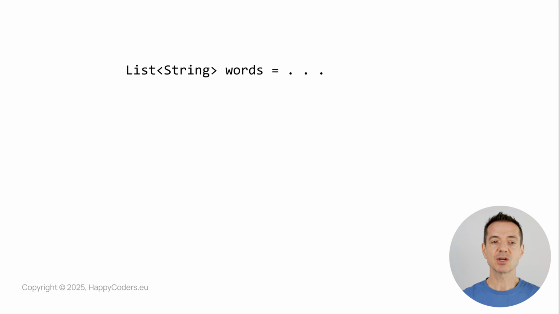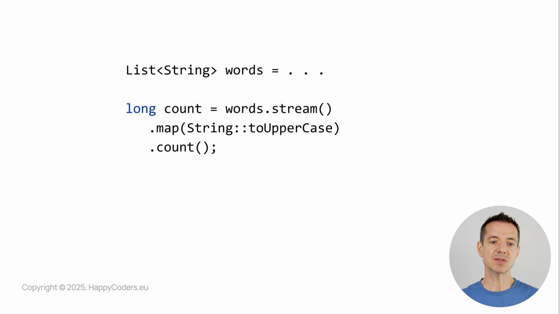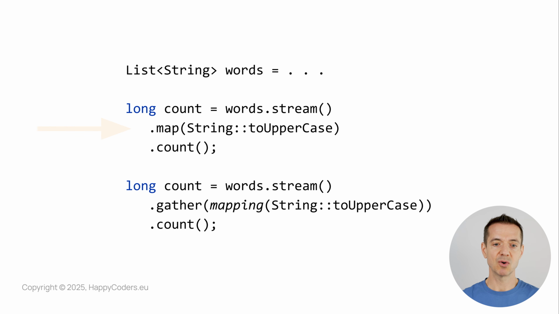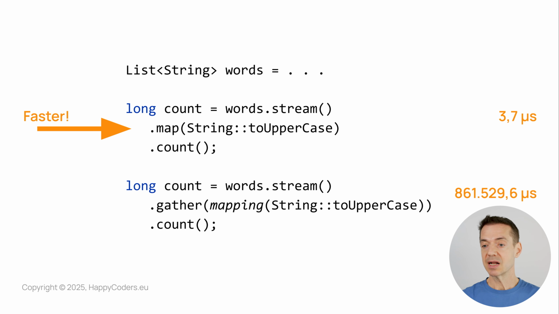And now I'll show you the example I promised you at the beginning when I was talking about the Spliterator and its characteristics. Here we have a list of strings, and we first convert to uppercase using map, and once more using the gatherer we wrote earlier. And here, the first version is almost infinitely faster than the second one.